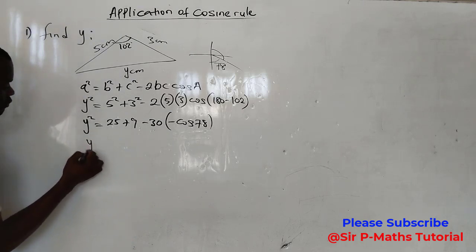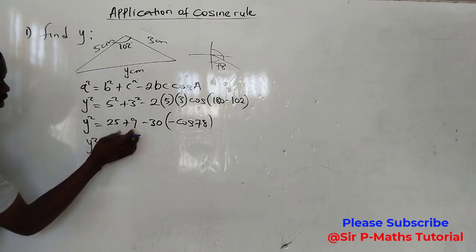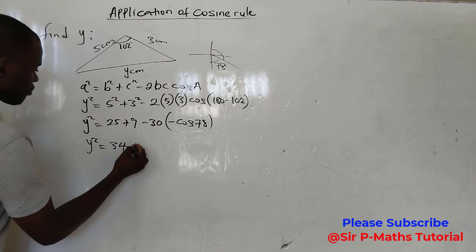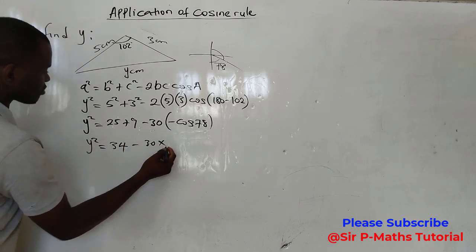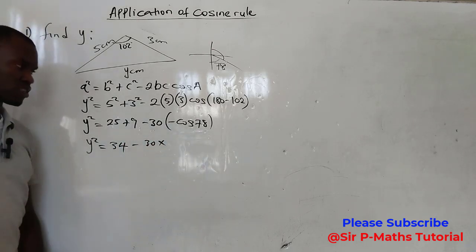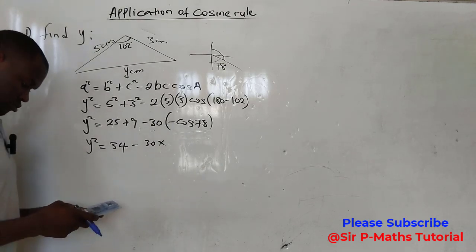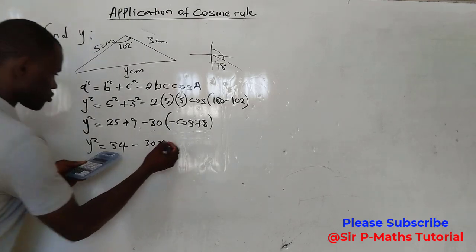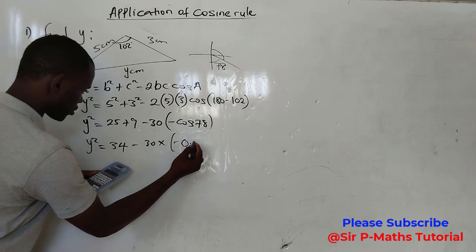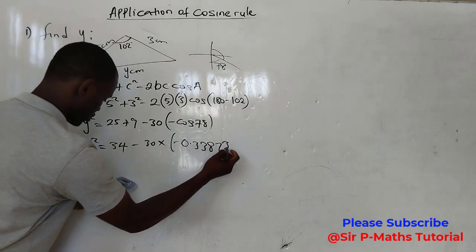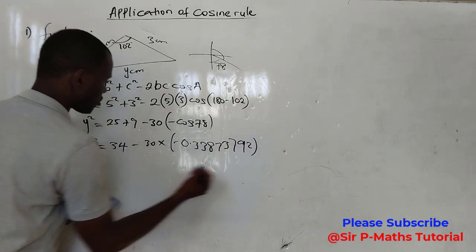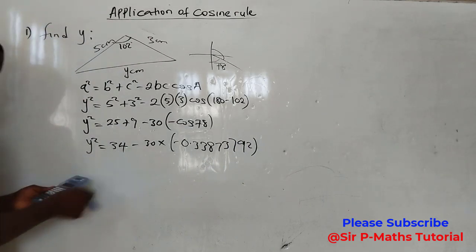Then let's continue. I will have y squared equal to, add here, I will have 34 minus 30 times, let's get the value of cos 78. This will give me minus 0.33873792. Then multiply it with negative 30.